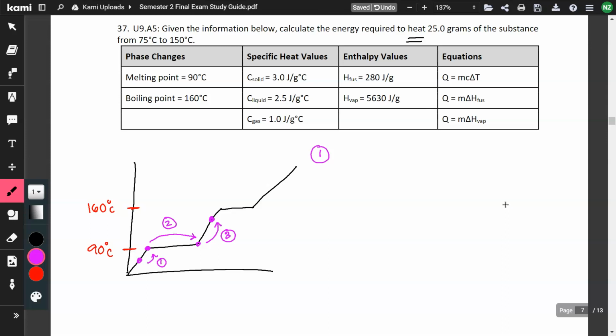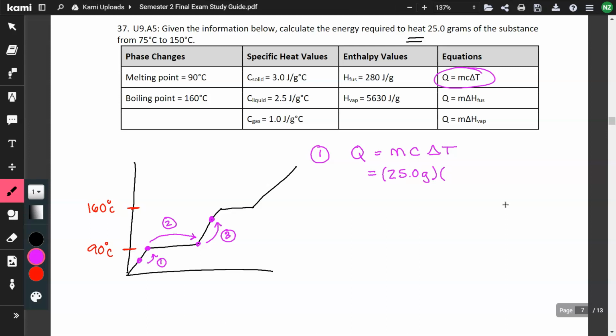Okay, so we're going to be using the first equation for the first and third step since we're changing the temperature. So for the first one, it's Q equals mc delta T. We're going to use the C value for solid since we're a solid in that first step. So the mass is 25 grams.